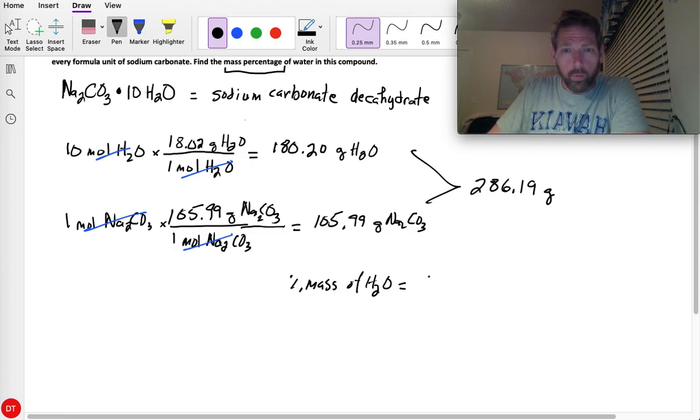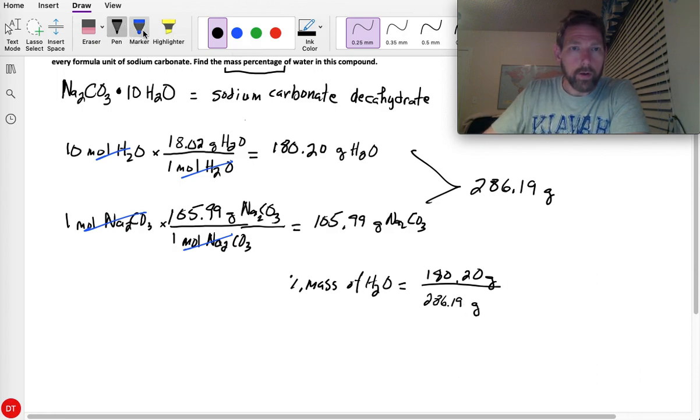So the water we see was 180.20 grams. And then the total mass, so the denominator always has to be the total amount, is 286.19 grams. All right? It's all about getting rid of those units. So you should think back, whenever you're dealing with a percentage, you have to have your fraction.